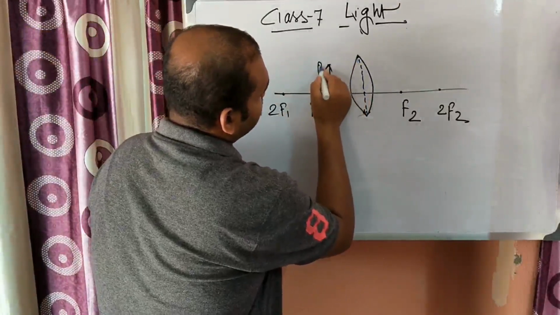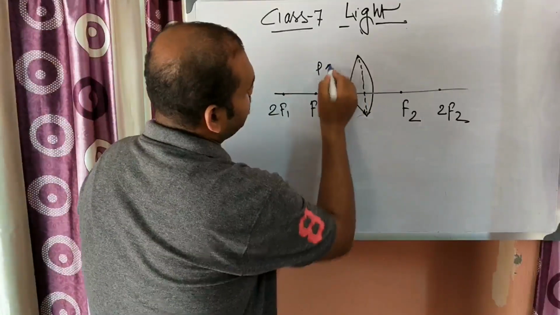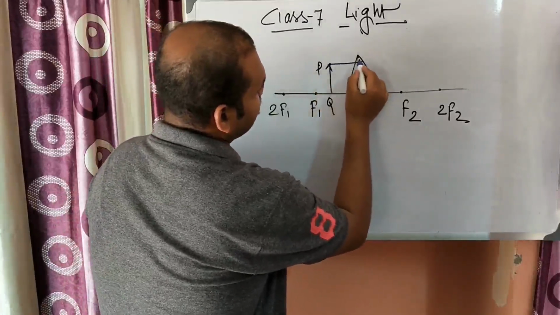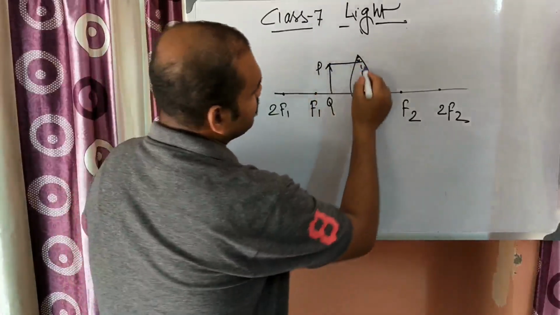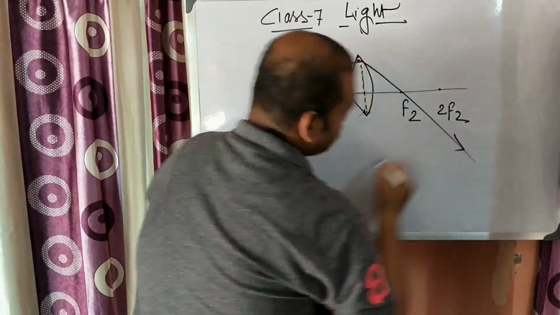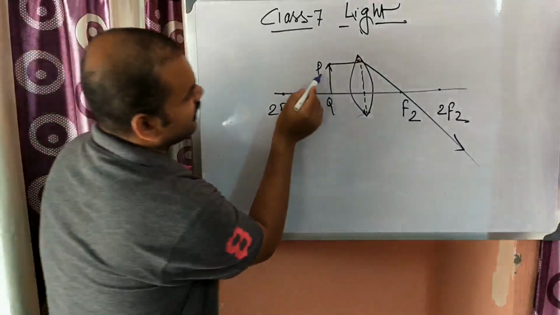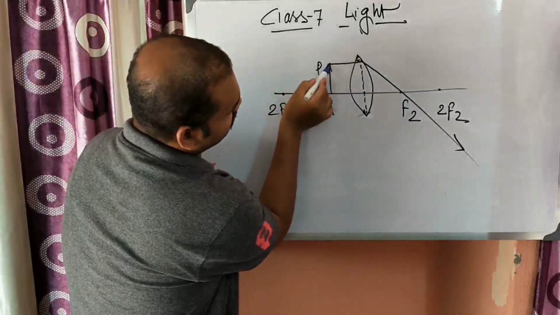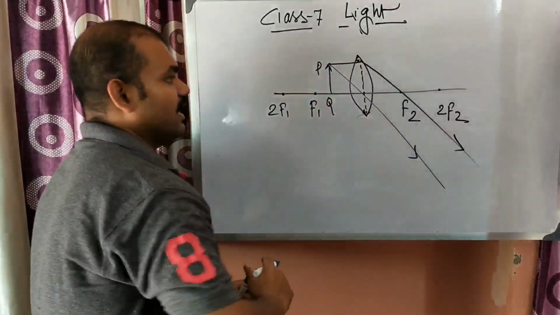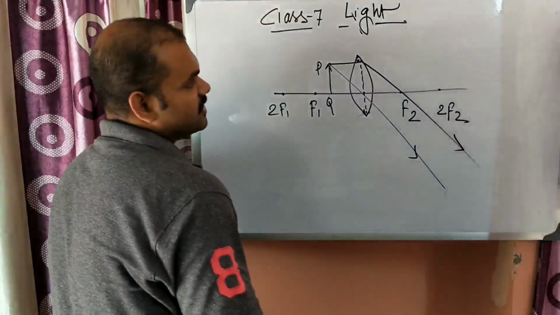Or from the point P, Q. So from P, a ray which is directed parallel after refraction goes through this point, that is the focus, and a ray which is coming through this goes like this. So they appear to diverge from each other.